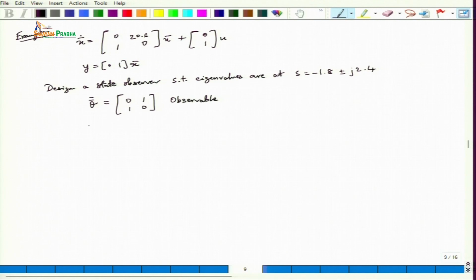So the error dynamics, as we have seen, is given by this equation. So if we want to place the eigenvalues of this error dynamics arbitrarily at some locations, we need to find the characteristic equation, which looks something of this form.